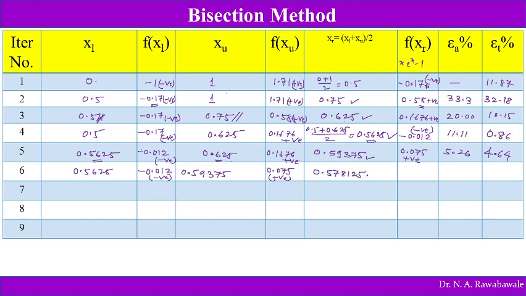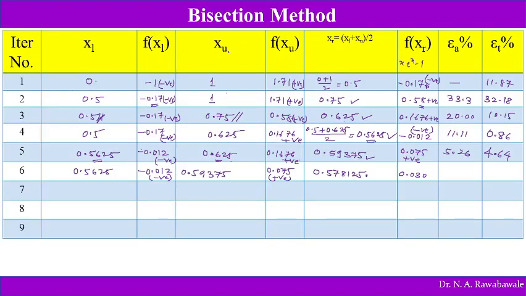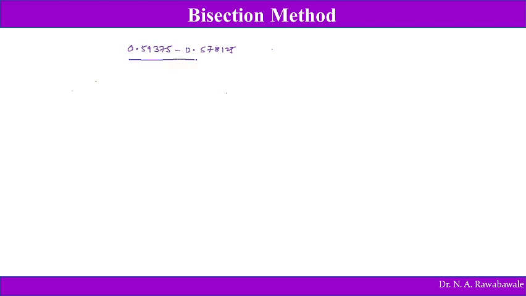So this revised approximation, if we substitute in this equation, our function x e to the power of x minus 1, this function value is going to be 0.030, and approximate error, if we find the difference of these two, 0.59375 minus new approximation 0.578125, divided by new approximation 0.578125 into 100.